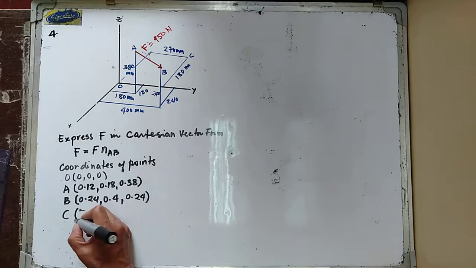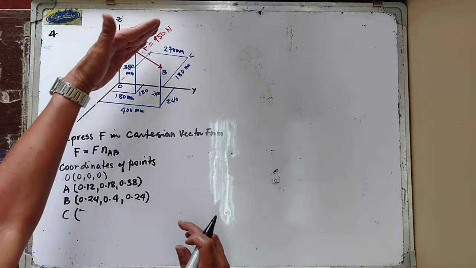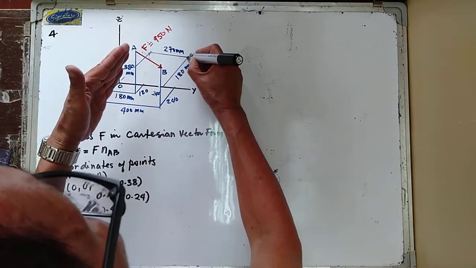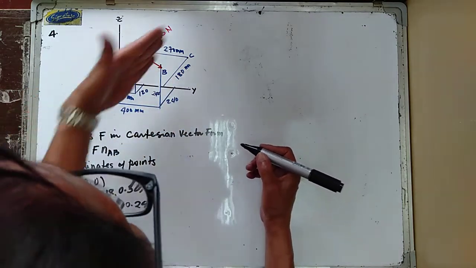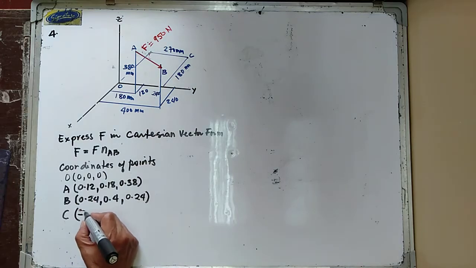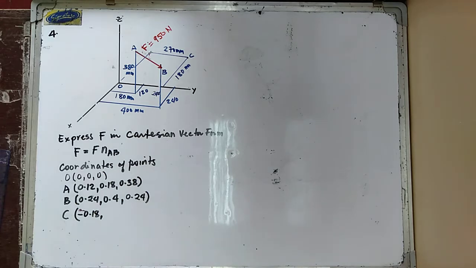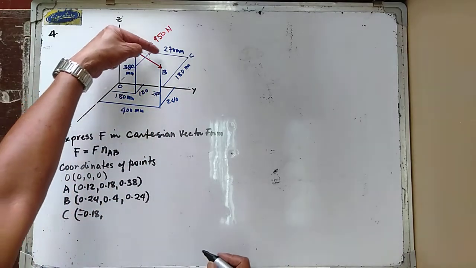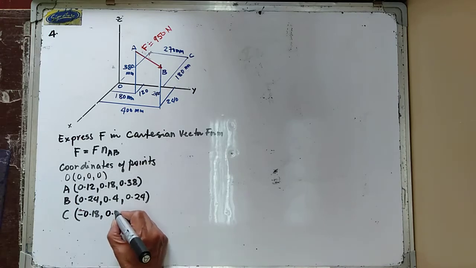Now point C. The x-axis is 180 mm, back of the origin, so we have negative 0.18 meter. The y is 270 mm, that is 0.27 meter.